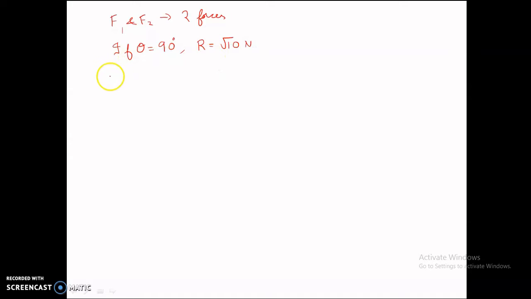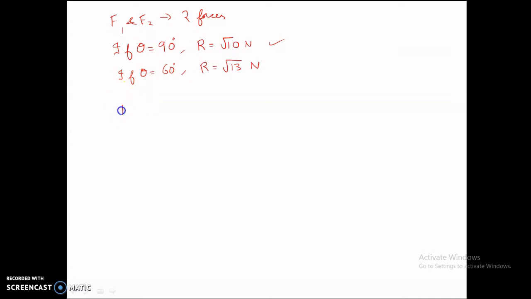This is the first case. And the second case is, if they act at 60 degree, then the resultant is root 13 Newton. That is, if theta equal to 60 degree, then R is equal to root 13 Newton.